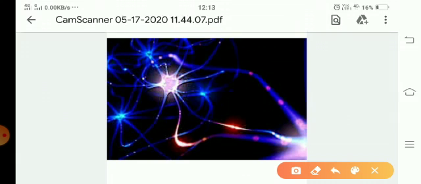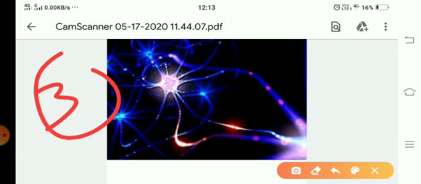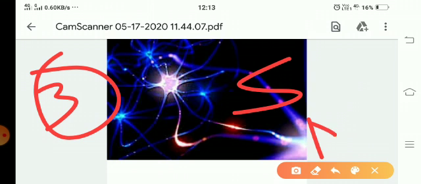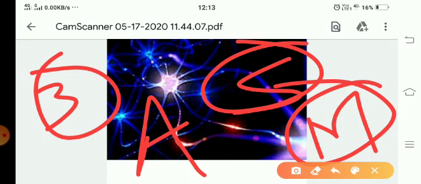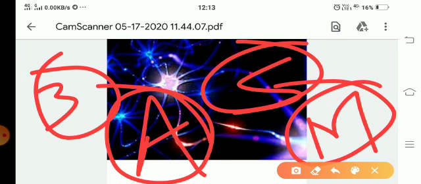How many types of nerves are there? There are mainly three types of nerves. First, sensory nerves. Second, motor nerves. And third, association nerves. Sensory nerves carry messages from the sense organs to the brain or the spinal cord.